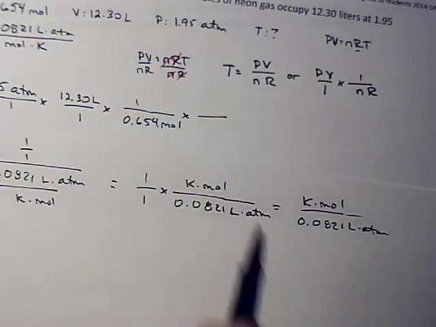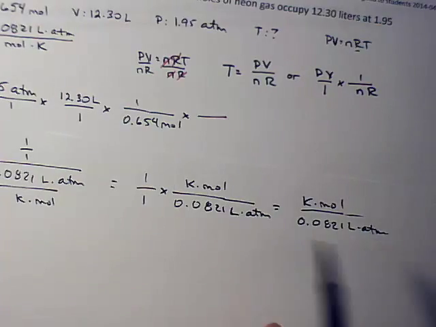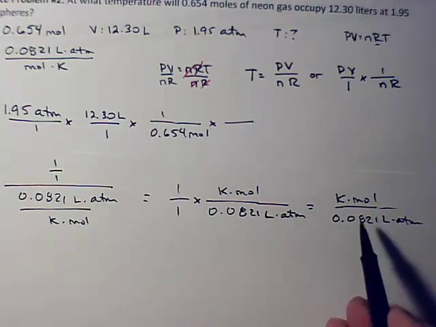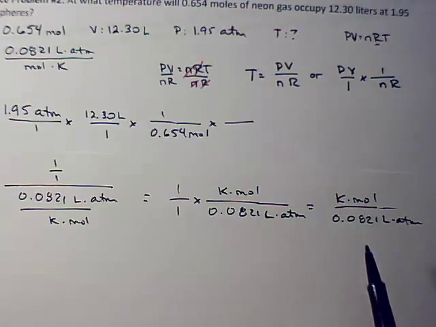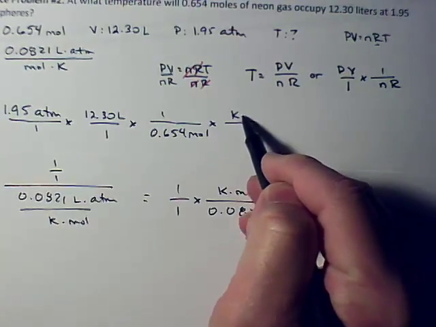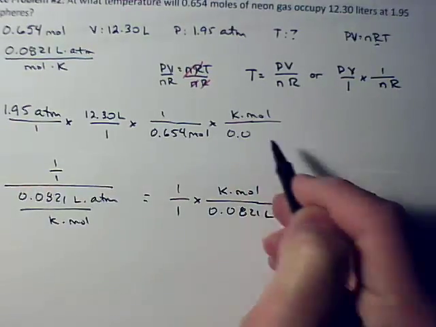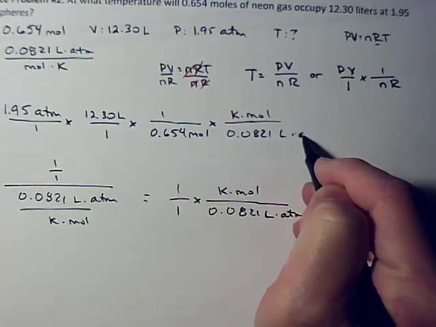So up here, if I'm going to have 1 over R, you can kind of think ahead a bit, you know you've got to flip it, right? Mathematically, I suppose that's one way to work it out. Might not be the way your math teacher would work it out, but it's the way that I think about it anyway: Kelvin times moles over 0.0821 liters times atmospheres.